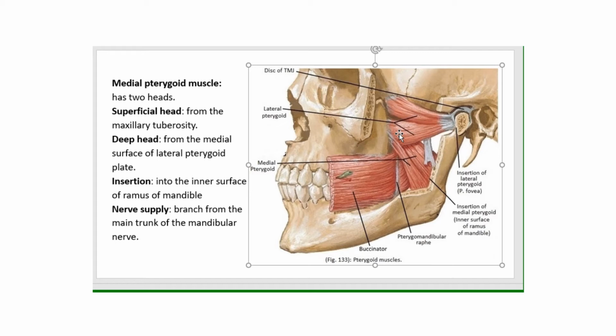Insertion is in front of the neck of the mandible into what is called the pterygoid fovea. Some fibers extend to be inserted into the capsule and the intra-articular disc of the temporomandibular joint.